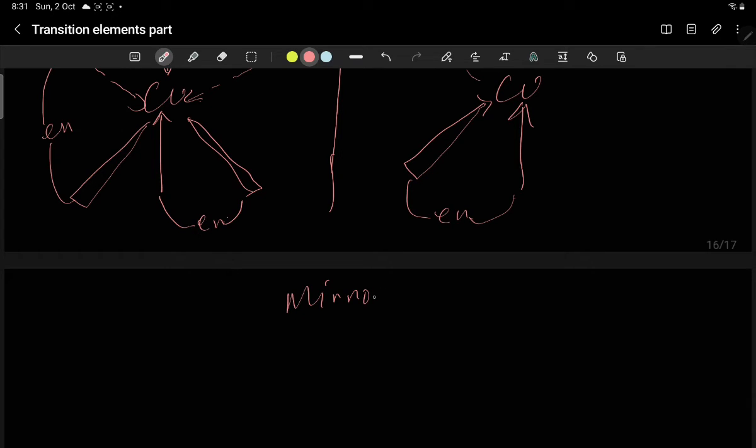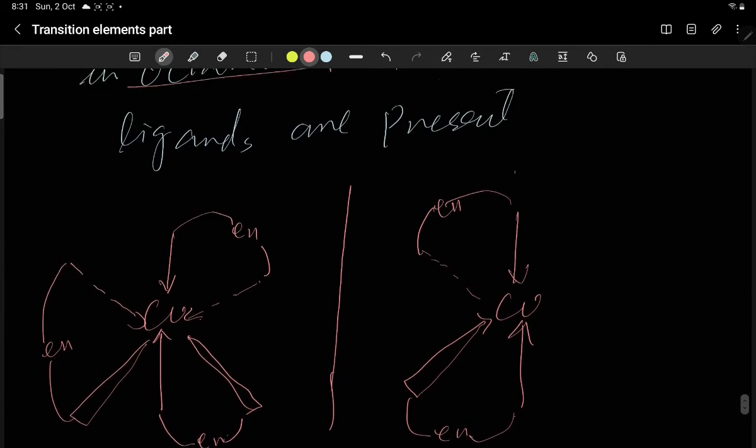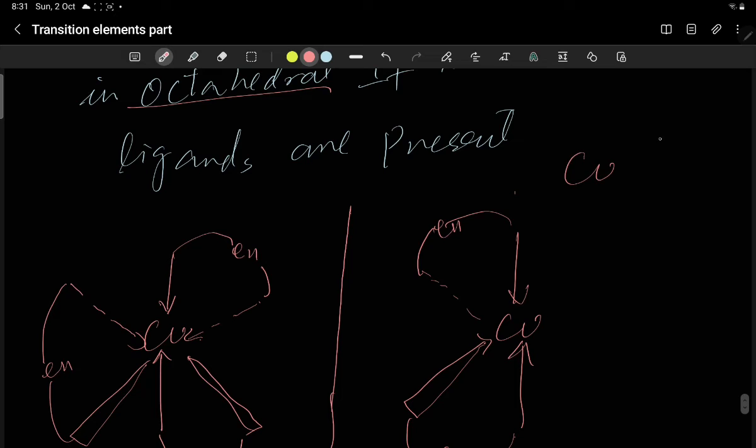Mirror images, and this is an example of Cu En3 2 positive.